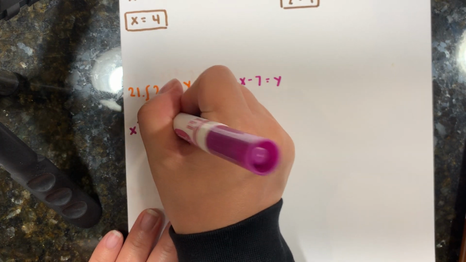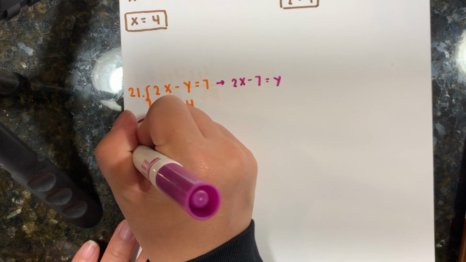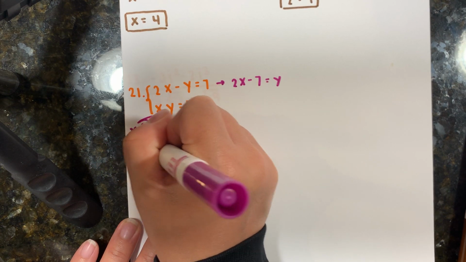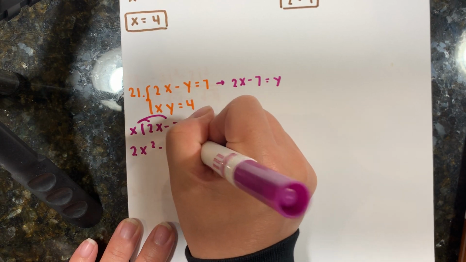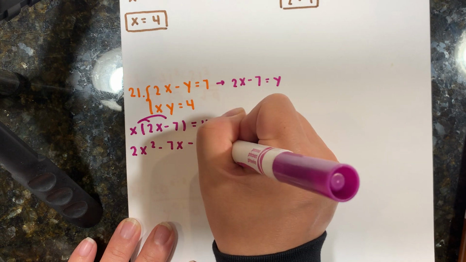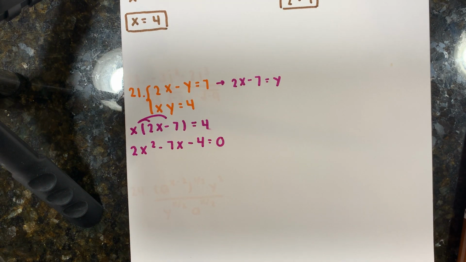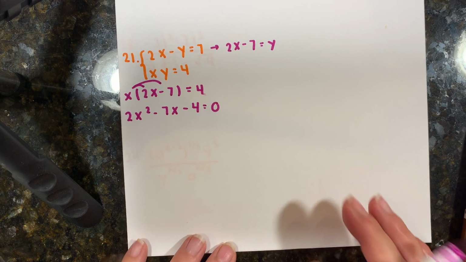If I multiply this through, move the 4 to the other side, I get 2x squared minus 7x minus 4 equals 0. And we can solve this by either doing the quadratic formula, or we could actually solve using our equations that we just learned. So let's do that. Let's try it.